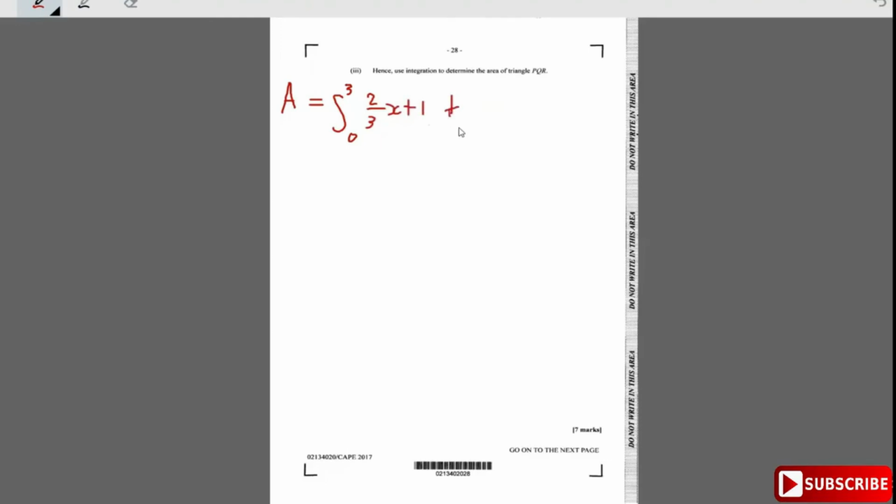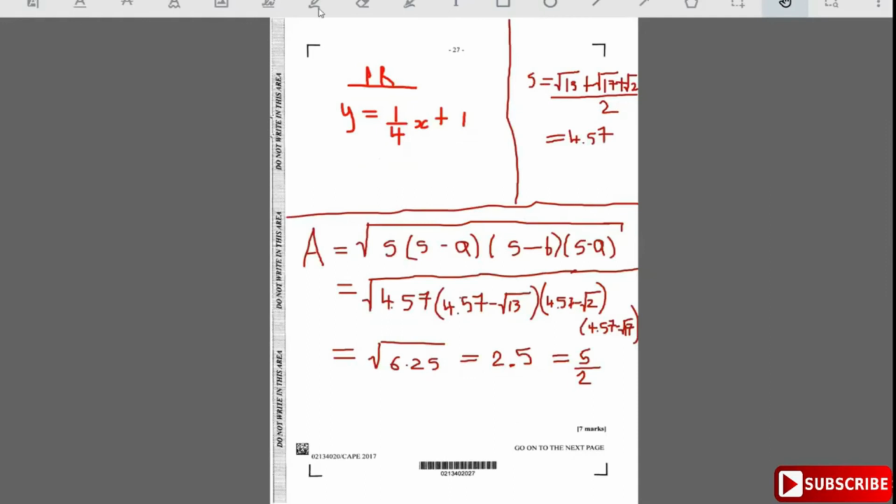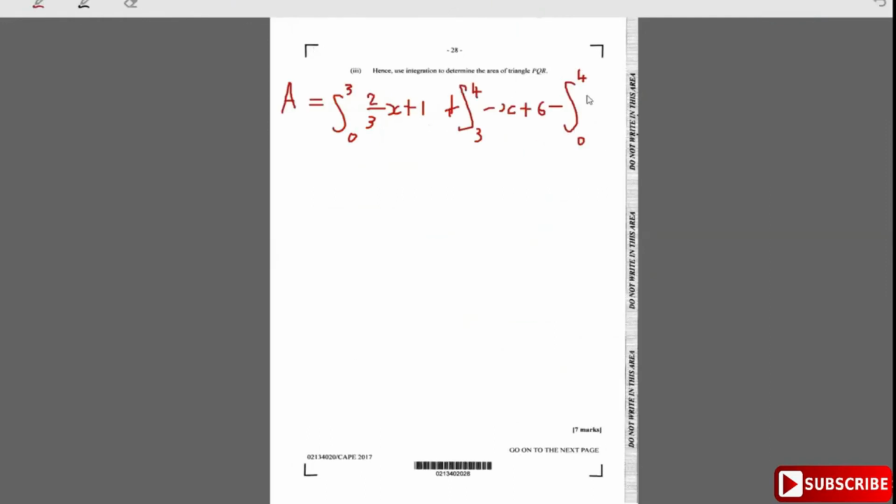Plus the integral from 3 to 4 of QR, and the equation of QR was minus x plus 6. Then minus the integral from 0 to 4 of PR, and the equation of the line PR is a quarter x plus 1. Nice and easy.